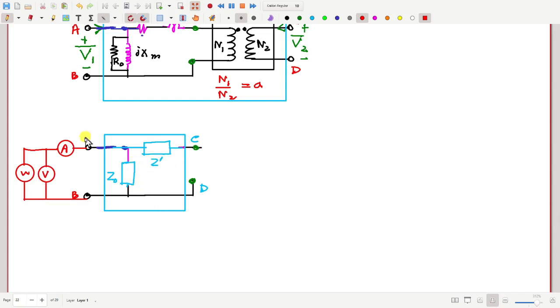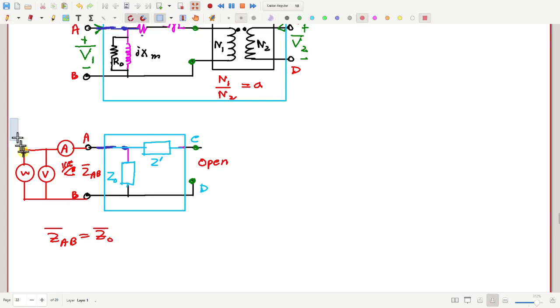If I measure the impedance from outside between A and B, how much will that be? Z0, when C and D are kept open. If I keep the secondary open and measure ZAB, then ZAB should come out equal to Z0. So in this way I can get Z0.